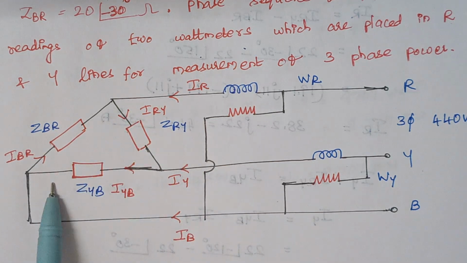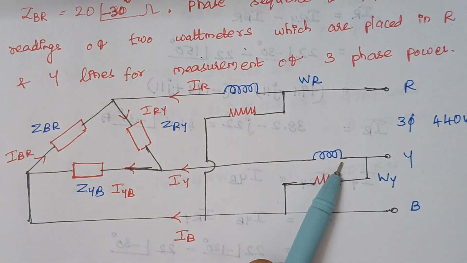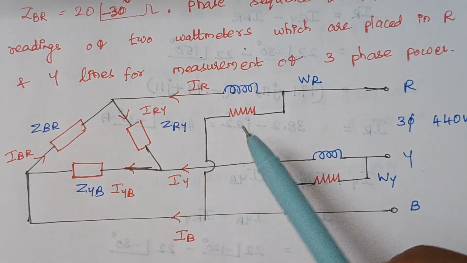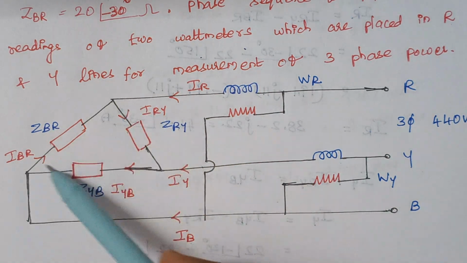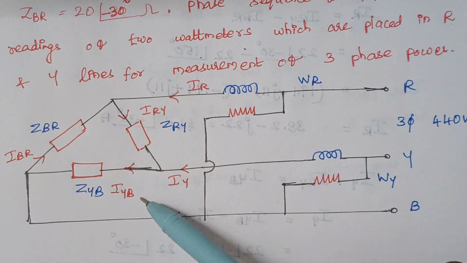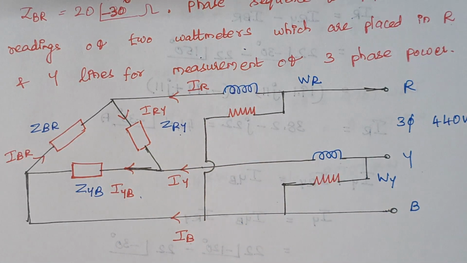So just draw the delta connected load, and the wattmeters are connected in the R and Y lines. I_R, I_Y and I_B are the line currents, and the respective phase currents are I_BR, I_YB and I_RY. Now we are going to find the readings shown by the wattmeters.